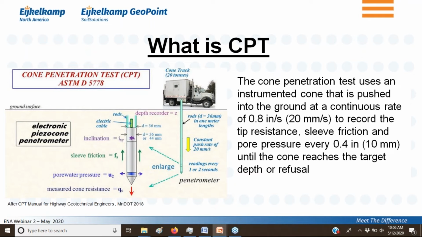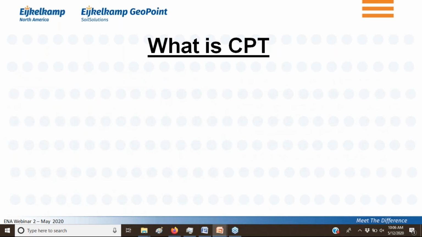So you get 3 data points, and that is being recorded every 10 millimeters or 0.4 inches until the cone reaches the target depth or refusal, because sometimes you cannot just push the cone any deeper. So that, in a nutshell, is what the CPT test is all about, and it's described in ASTM D5778, which is going to be reissued, by the way, in the next couple of weeks. We just got it approved within ASTM.